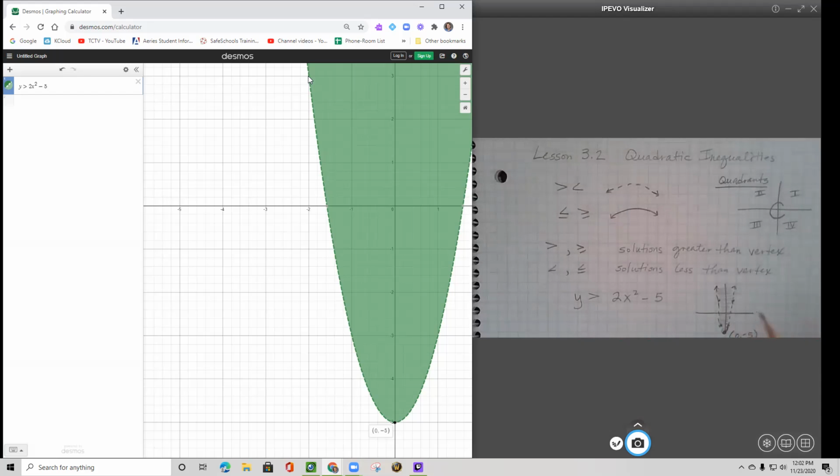So I have solutions shaded in quadrants 1, 2, 3, and 4. That's how I would list my solutions.